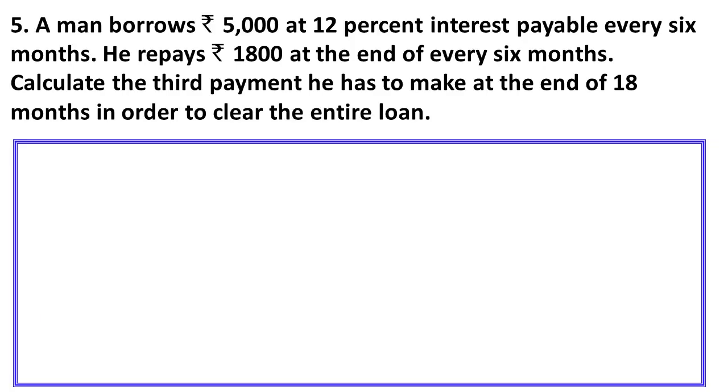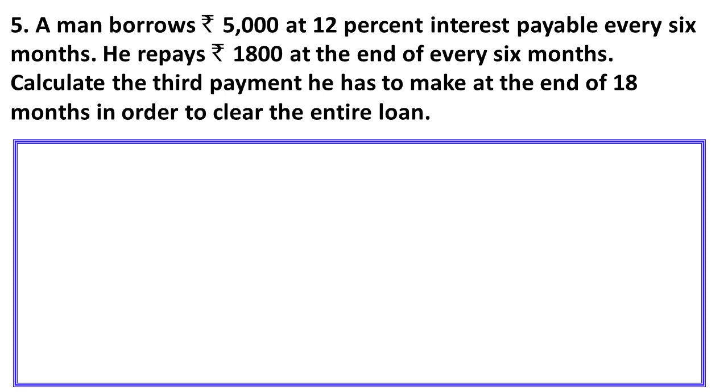Question number 5. A man borrows rupees 5,000 at 12% compound interest payable every 6 months. He repays rupees 1,800 at the end of every 6 months. Calculate the third payment he has to make at the end of 12 months in order to clear the entire loan.